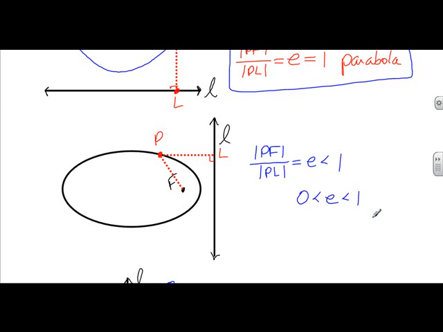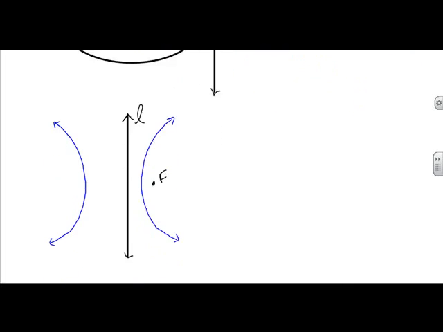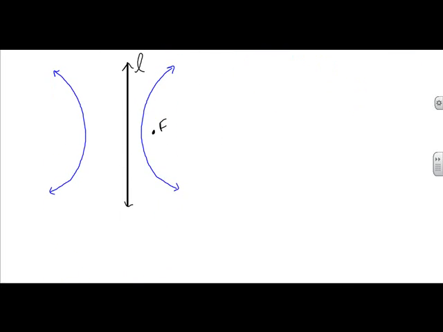When we move on to hyperbolas, again, we're going to have to pick 2 points P because there are 2 branches to this hyperbola. So let's say point P1 is here.